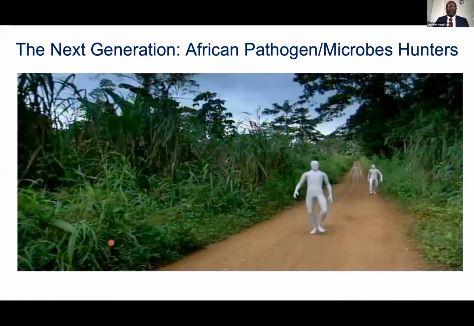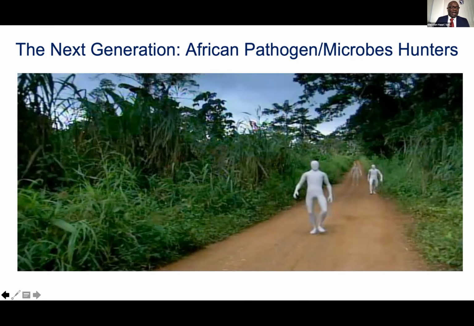Ultimately, the goal is to create the next generation of African pathogen hunters, who can use genomic knowledge to hunt for pathogens and characterize them before they start hunting us. The global community has always been playing defense when it comes to pathogens, but with the knowledge and skills we have now, it is high time for us to start playing offense.